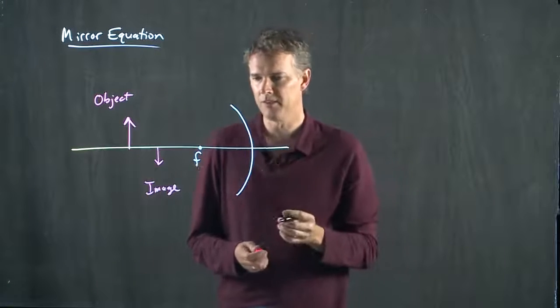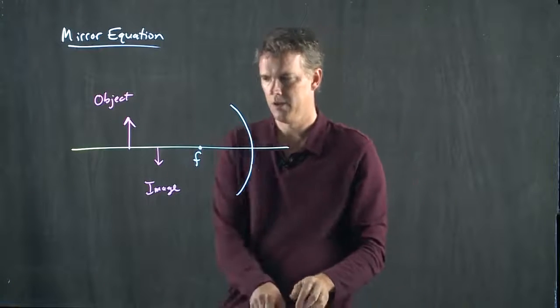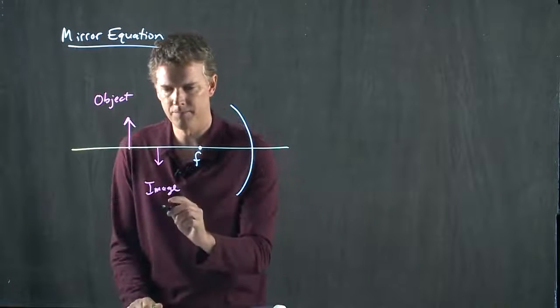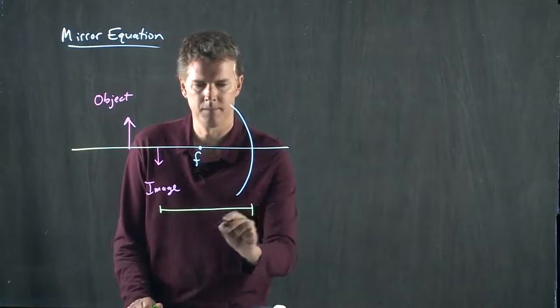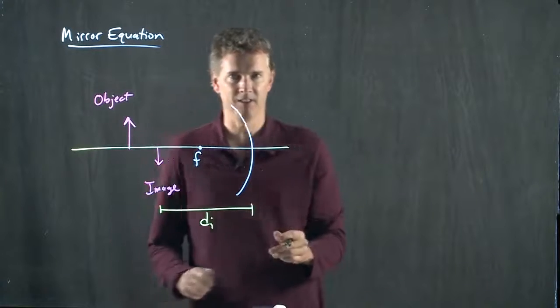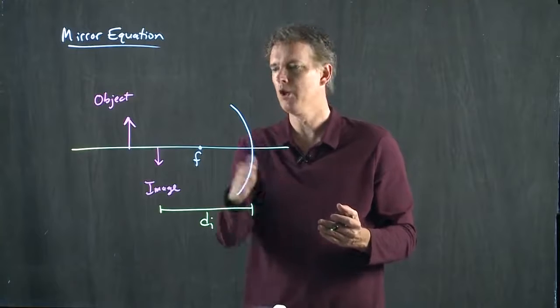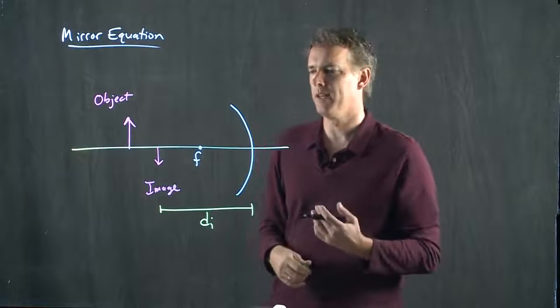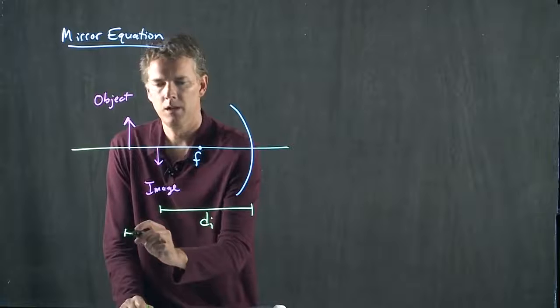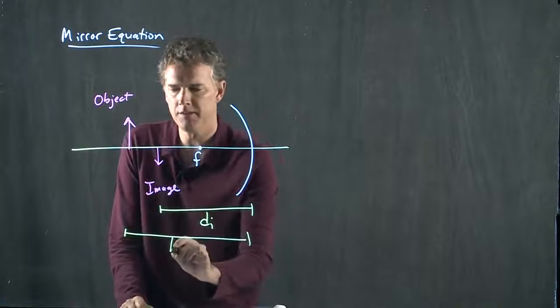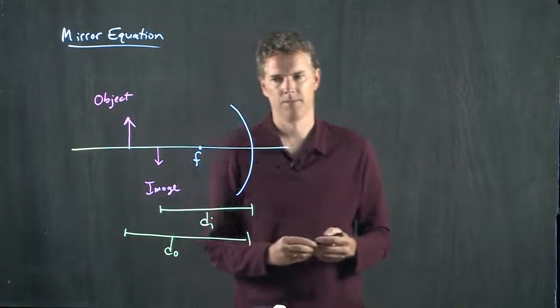There are some distances that we can measure here. One of them is this. Distance to the image. From the mirror, from the apex of the mirror to the image, what is that distance? Likewise, we can measure the distance to the object.